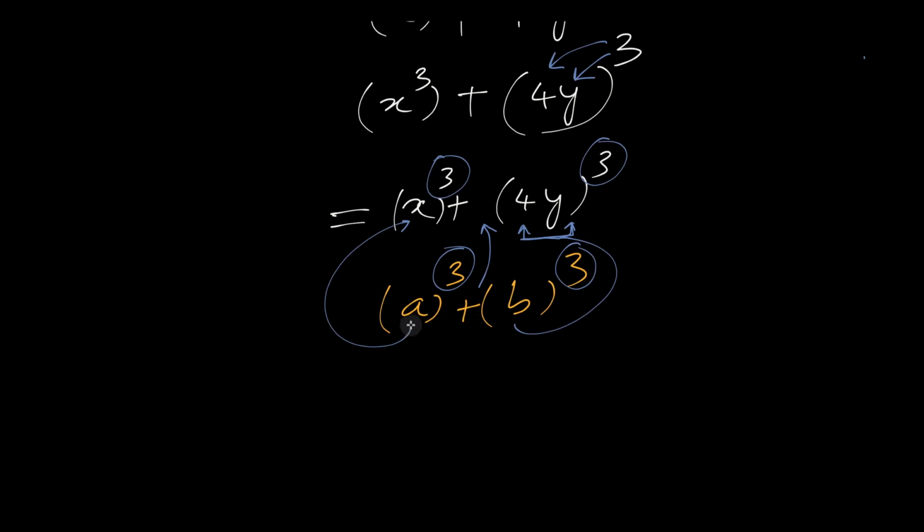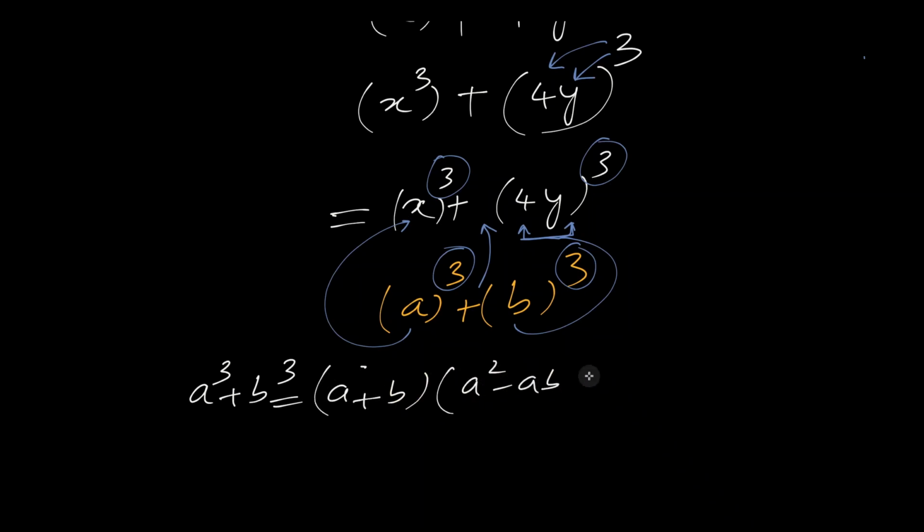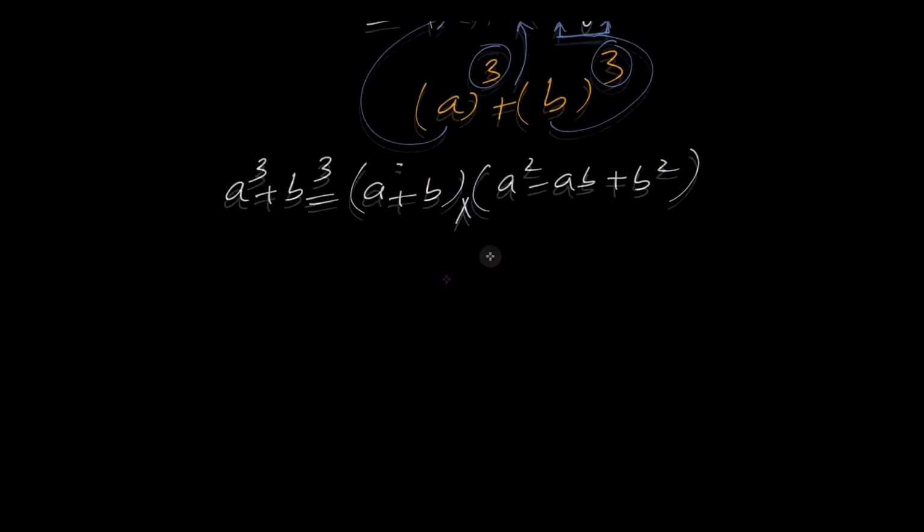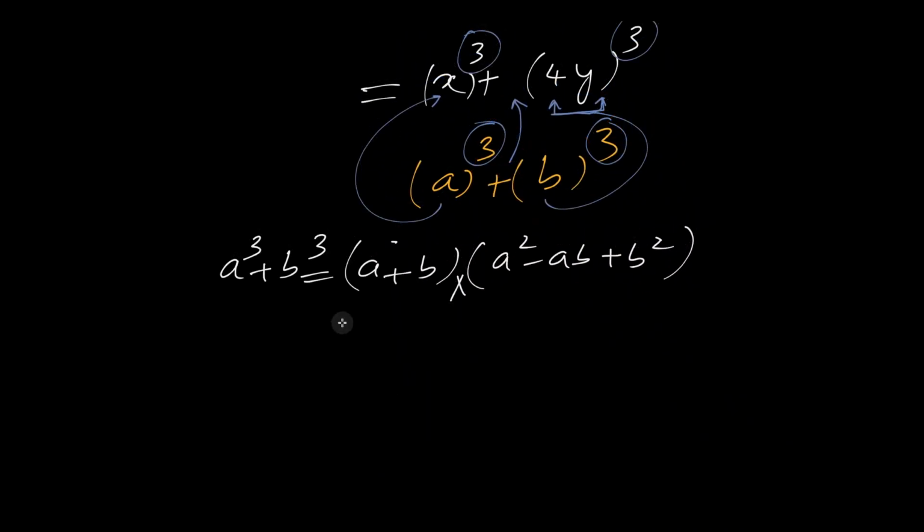Now what is the standard formula for a cube plus b cube? Let me write the formula first. A cube plus b cube, it is very easy to remember. A plus b and a square minus ab plus b square. This is the formula for a cube plus b cube. It is a factorization. Why? It is a product of two things. Now, can we fit the question here? Yes, we can fit because it is in the same format.